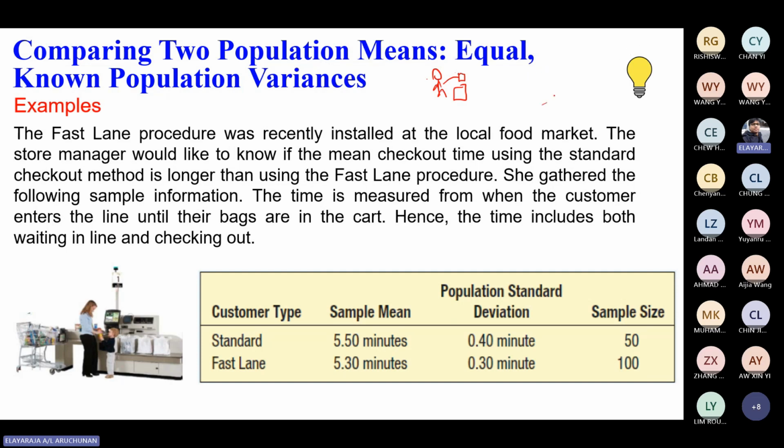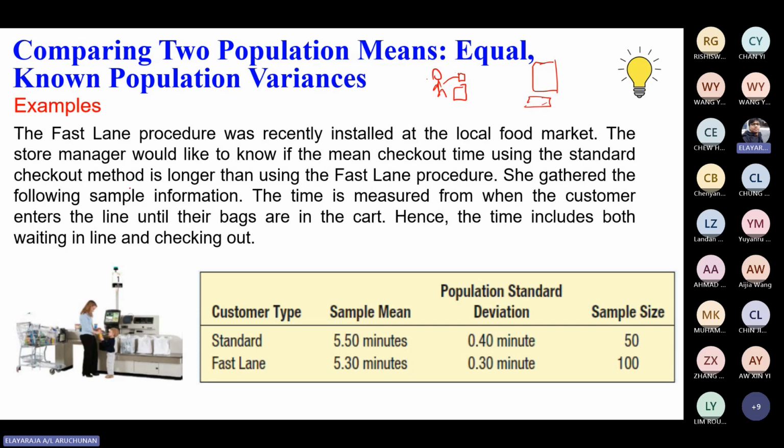The faster line usually has self-pay or self-service payment made on the computer, or the items are fewer, maybe less than 10 items, so the line will be much faster than the regular line. They have already installed this in the local market.